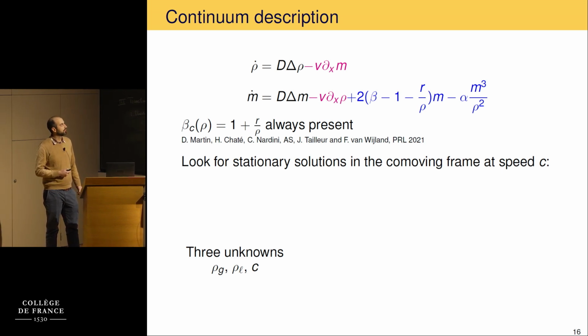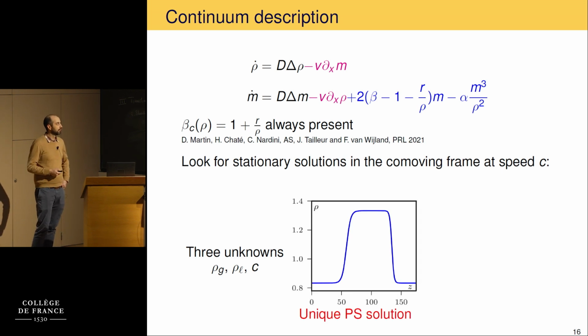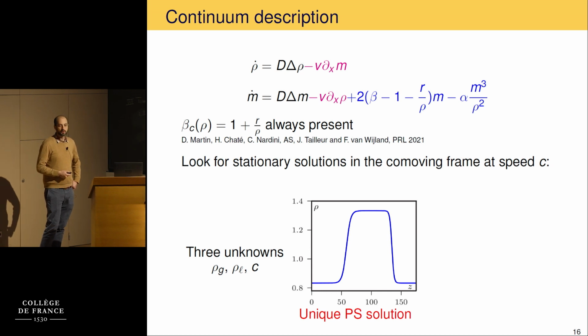And c, in general, is not the self-propulsion velocity v. Actually, it's usually faster than the self-propulsion. So we have three unknowns, the densities in the two phases and this velocity. And okay, I spare you a lot of detail, but you find a unique phase-separated solution that fixes these three quantities uniquely.